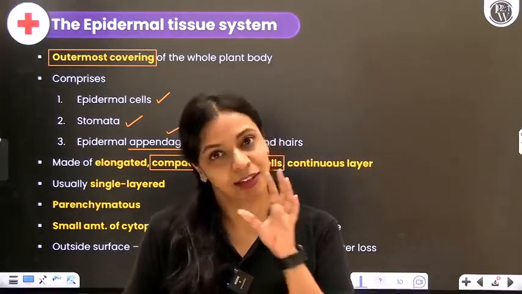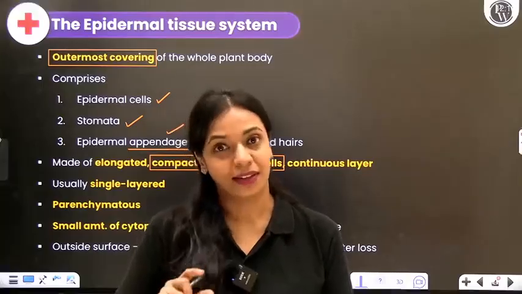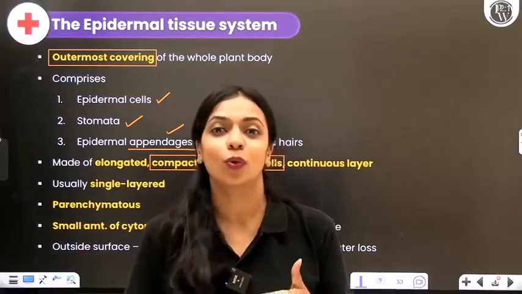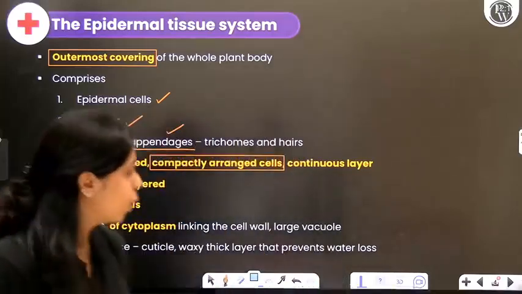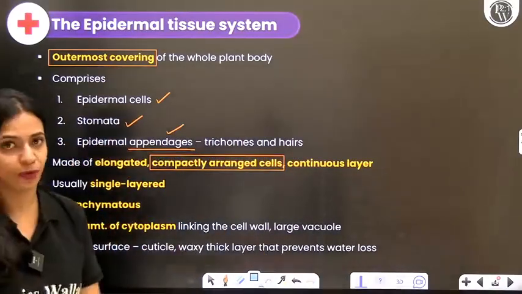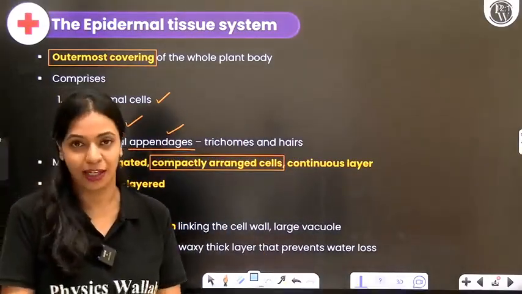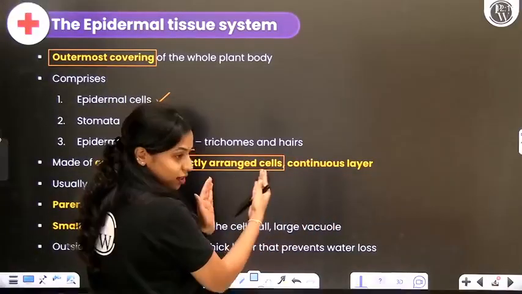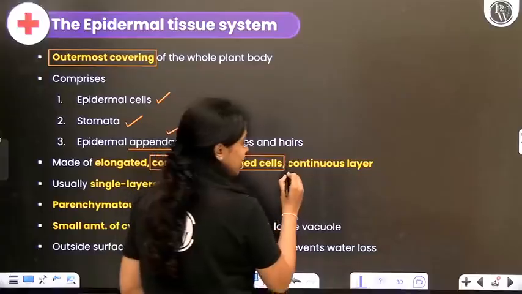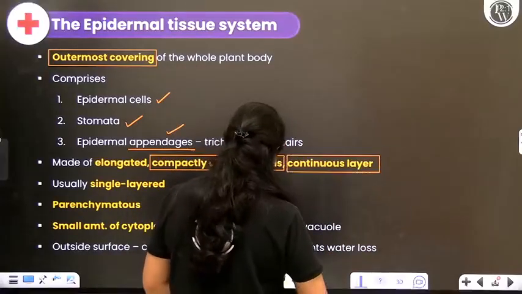So the tissue is of the same kind, but according to where it is present, what is its function, it will show certain modifications. Over here in the epidermis, its job is to offer protection, so it has to be a compact layer without any spaces, right? And obviously, if there is no spaces, if it's compactly arranged, it will be a continuous layer, which means there are no spaces there.